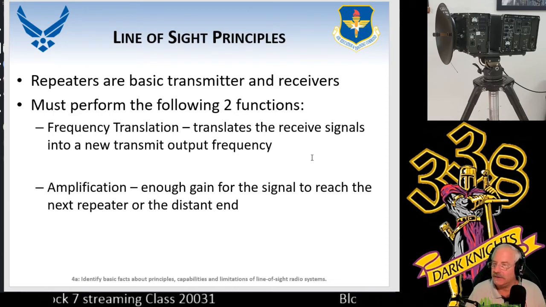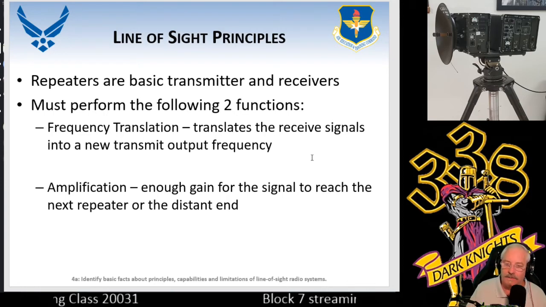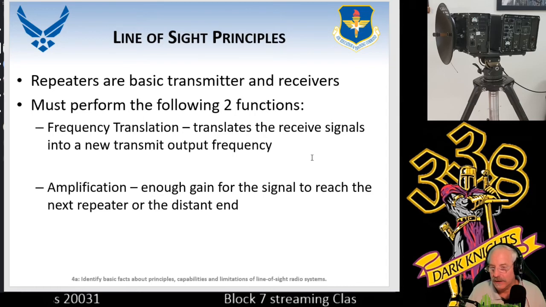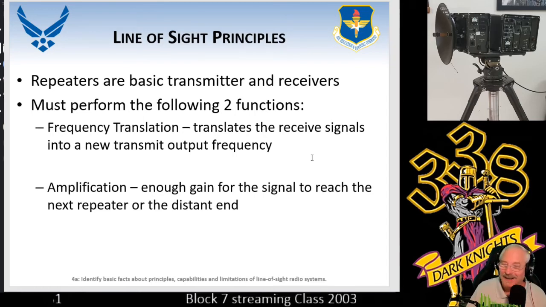Frequency translation is, once I receive the frequency, I have to convert it into something different so I don't interfere with that frequency. And as you well know, when you receive a frequency, it's pretty darn weak. So I need to amplify it.